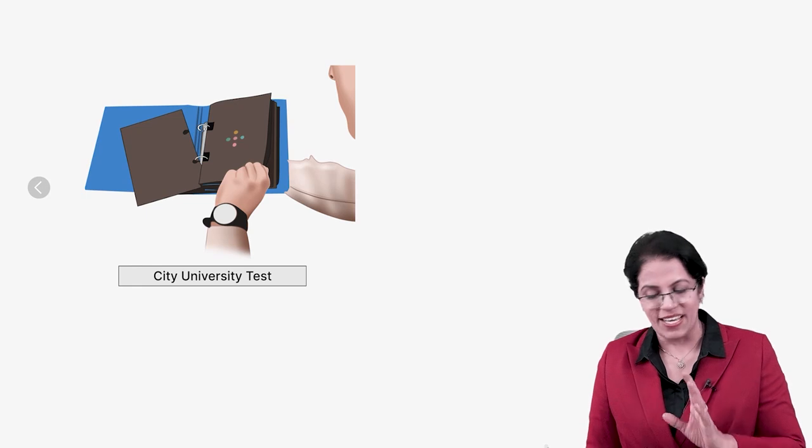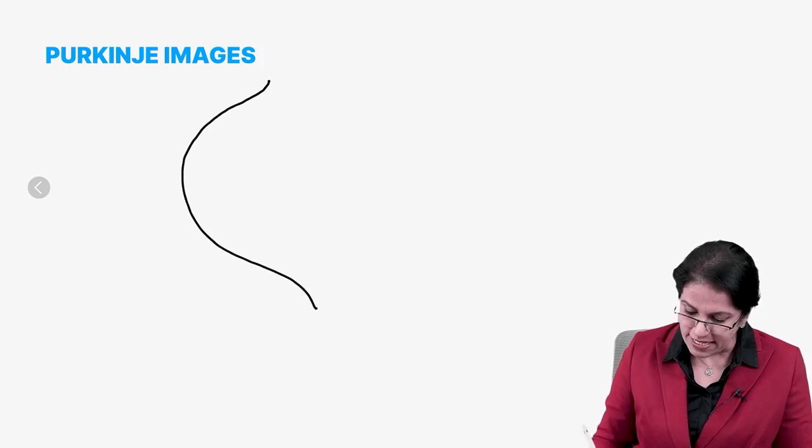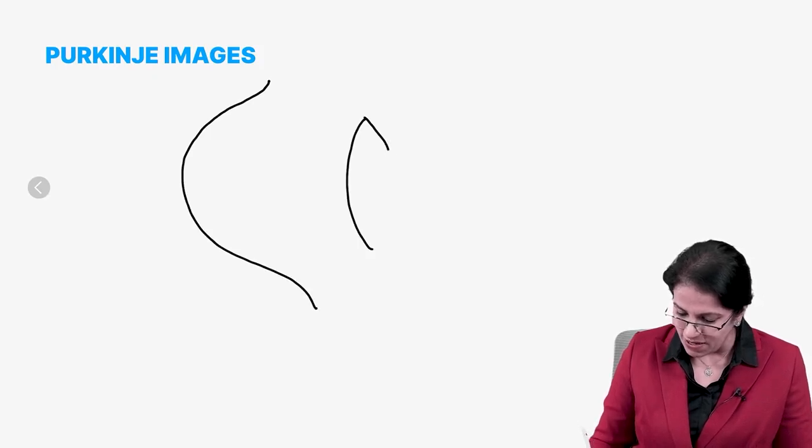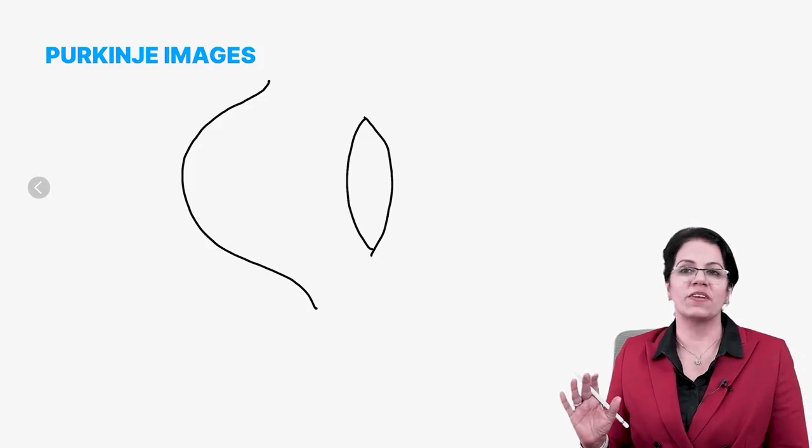You got it? Okay. Next are Purkinje images. Do you all know what Purkinje images are? Purkinje images are the images which are formed on the major refracting surfaces of your eye. What are the major refracting surfaces of your eye?